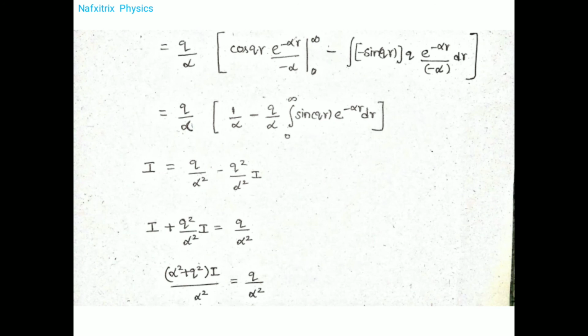So if we solve this, here again if we apply the limits for this term, on applying the upper limit it would become 0. That means e power minus infinity is nothing but 1 by infinity, which is 0. Now next, if we apply the lower limit, that means cos 0 is 1, e power 0 is also 1. So actually it is upper limit minus lower limit. So here what we are getting, cos 0 e power 0 is 1 into 1 by minus alpha on applying the lower limit, so minus 1 by alpha we are getting.